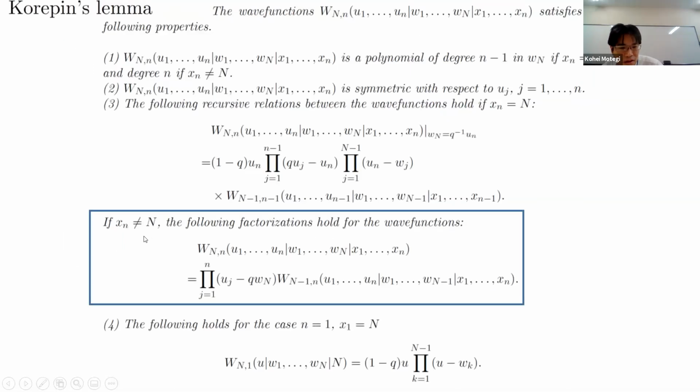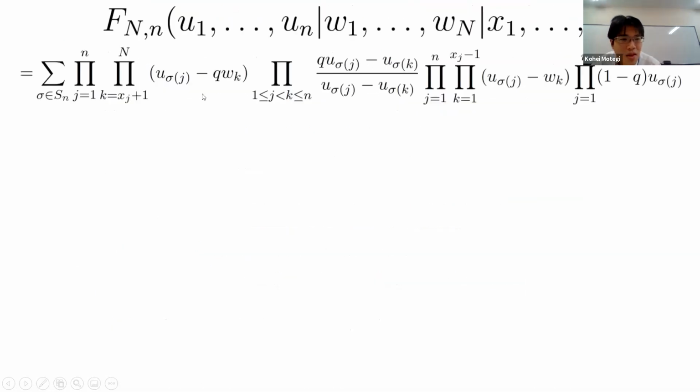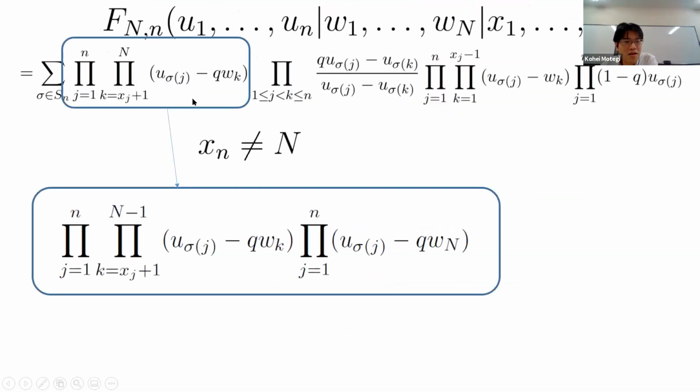So this is the case when small xn is not equal to large N. And in this case, you look at this factor first, and then you can see that you can rewrite this factor like this.